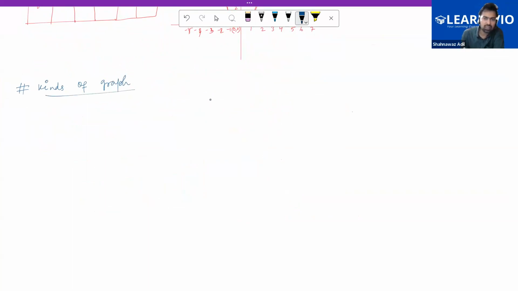So we have mainly two kinds. One is the XT graph, and the other one is the VT graph.